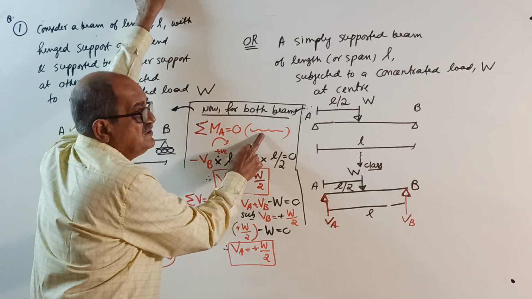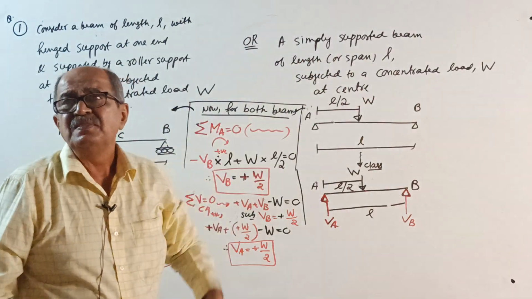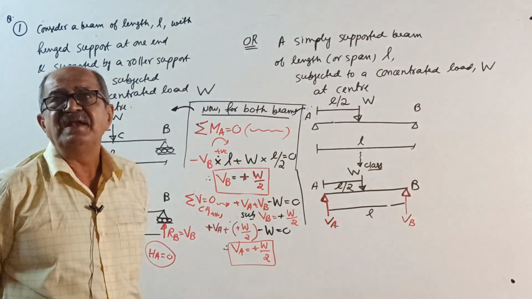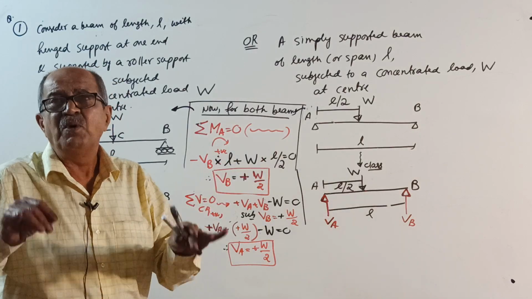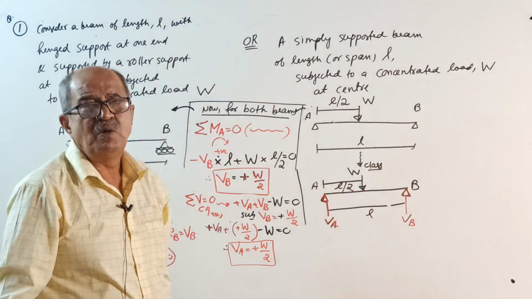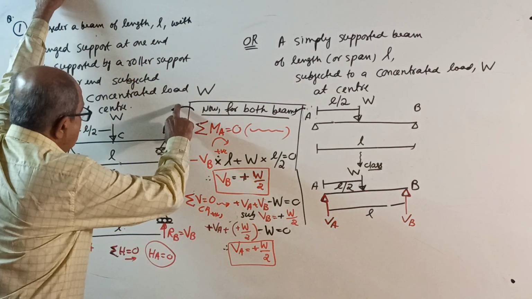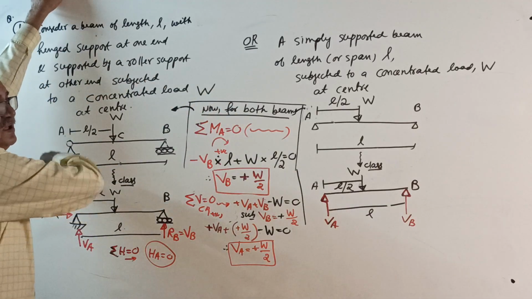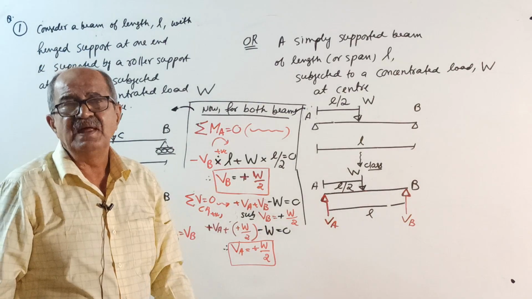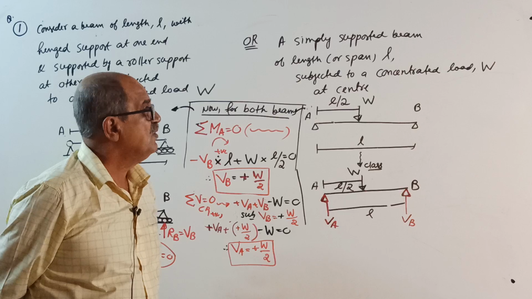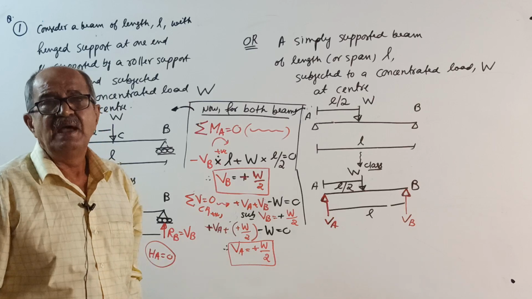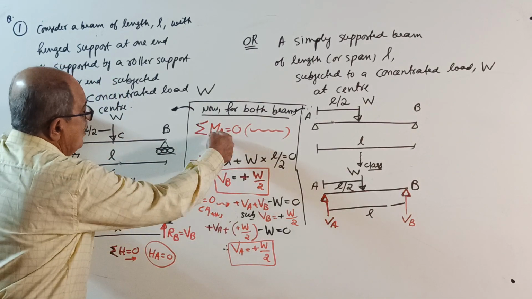The algebraic sum of moments of the entire force system, that is, the full beam with action and reaction, about any point is 0, here about the point A. Now onwards I will simply say algebraic sum of moments about A equal to 0, with clockwise positive.